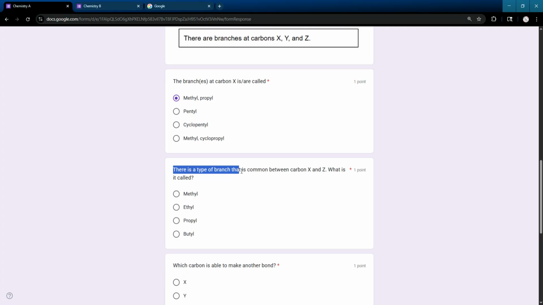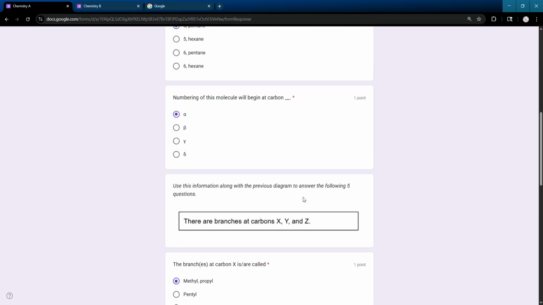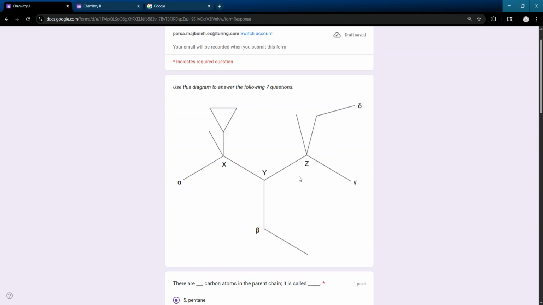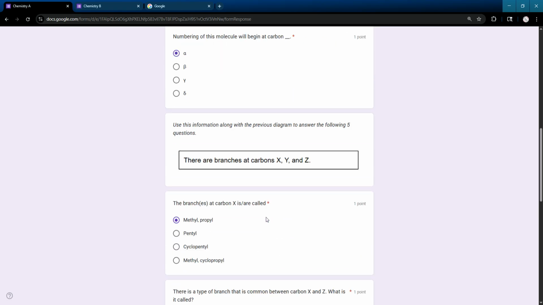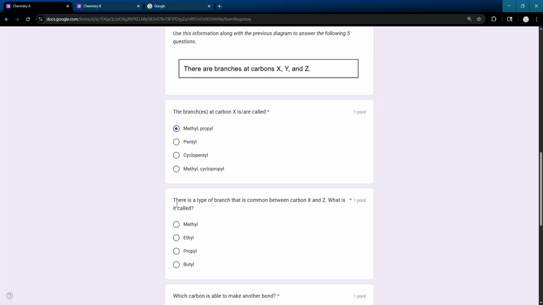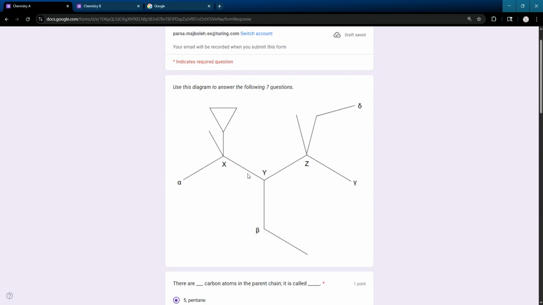There is a type of branch that is common between carbon X and Z. What is it called? There's a branch that is common between X and Z. X and Z, which is Y, and I guess it's this one. Oh, I see. So I guess this branch is common.